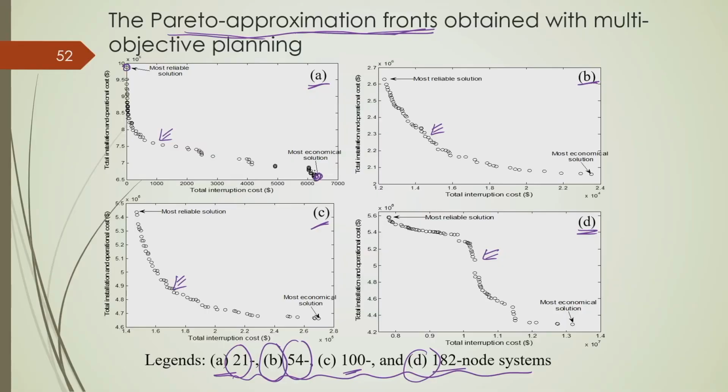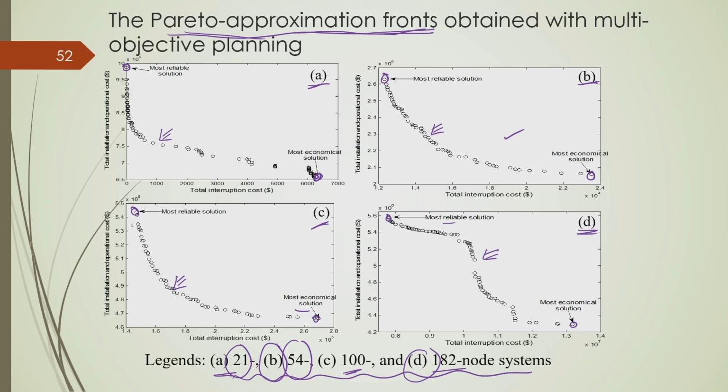Also, one thing you can see is that two corner solutions are marked here. One is this and this for this Pareto front, one is this and this for this Pareto front, and one is this and this for this Pareto front. Okay.